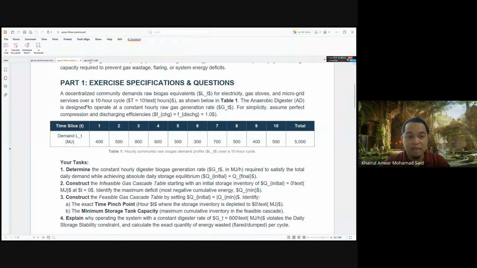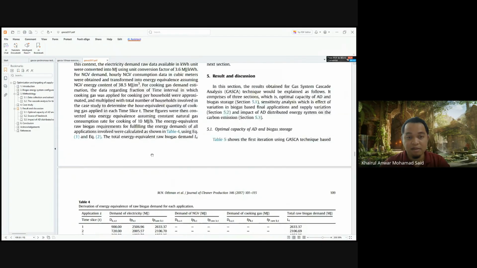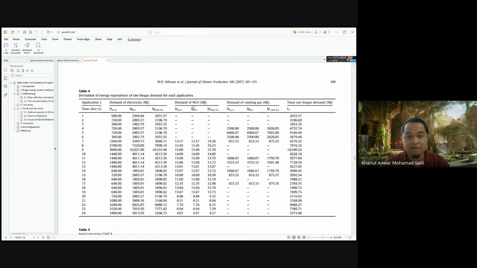Since this is an LT, you don't have to calculate the derivation energy equivalent, because in the end you have this LT. It's been given.